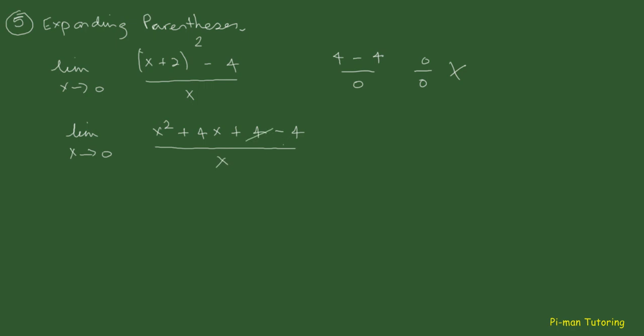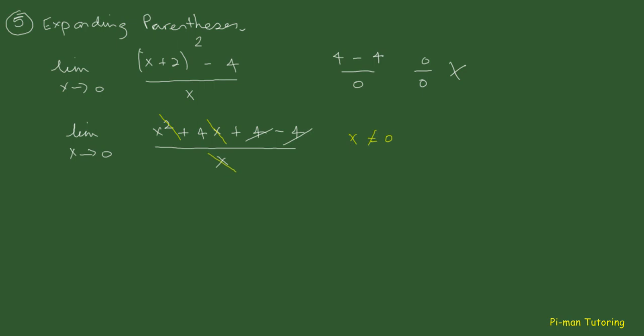The 4's cancel in this particular case, and we have a common factor of x, top and bottom. So that means we can divide everything on top by x. The x squared just becomes x. 4x just becomes 4. And we get rid of the x on the bottom.